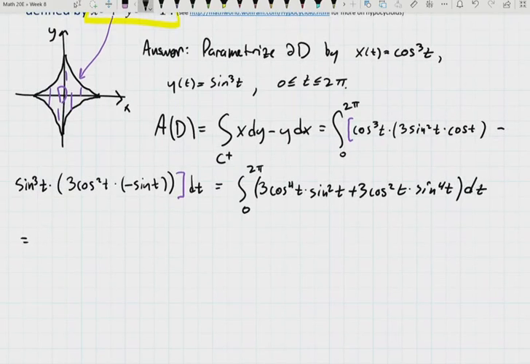Yes, there's supposed to be 1/2 in front. Thank you. Cool. Okay, so I get a 3/2, integral from 0 to 2 pi, after pulling out cos squared and sine squared, I just have cos squared t sine squared t dt. Huh. How the heck do you integrate cos squared sine squared?